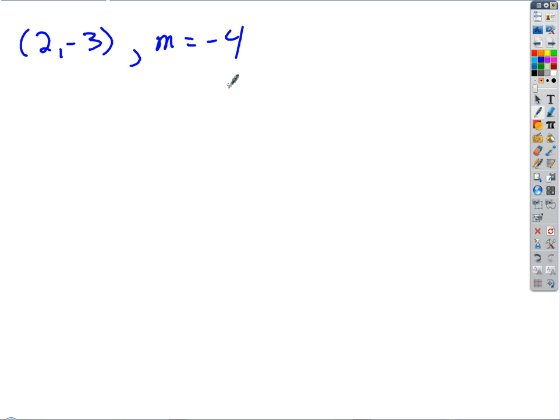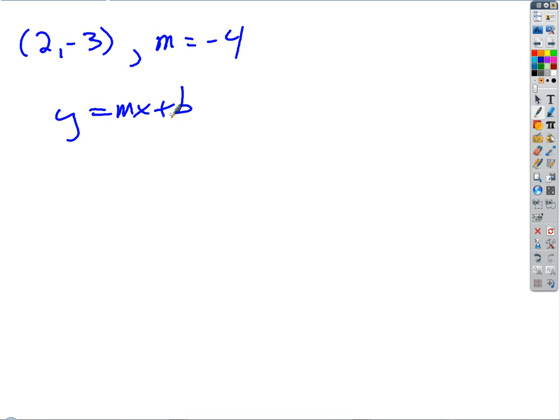So how do we do that? Slope-intercept form. This is what we want to end up with: y equals -4x plus b. And to find b, what could I do?